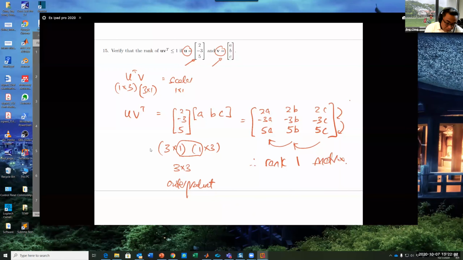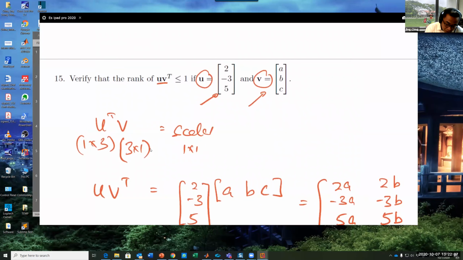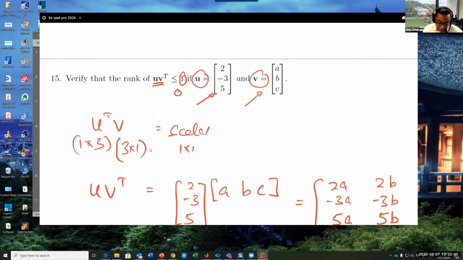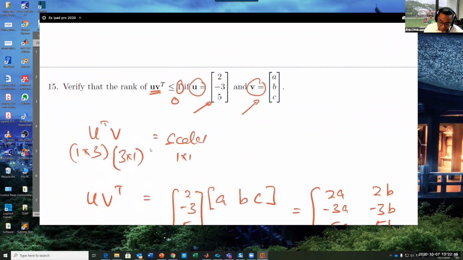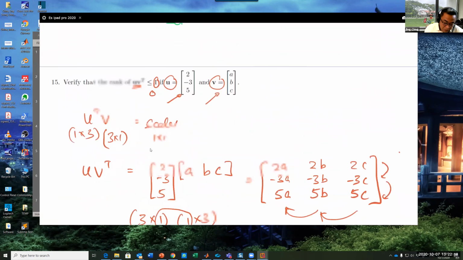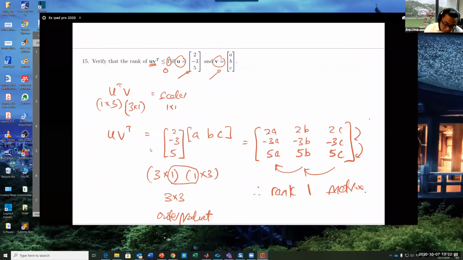Now you look at this question carefully. It says to verify that this is rank 1 or less than 1, meaning 0. The rank cannot be negative. So in what case would the matrix have rank 0? A matrix has rank 0 only when all entries of the matrix are equal to 0.